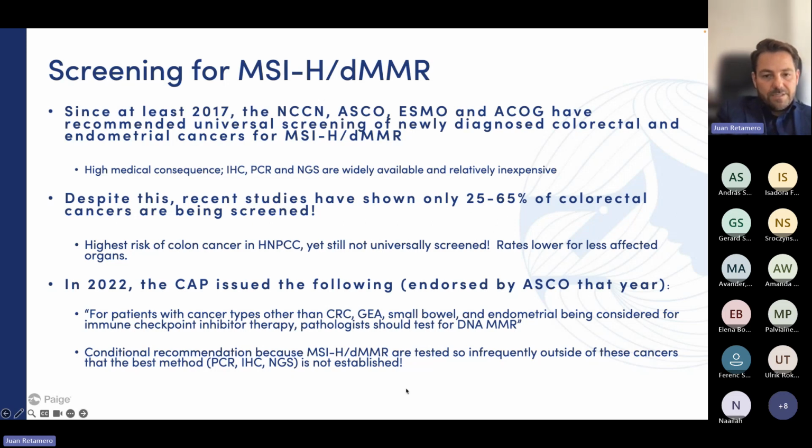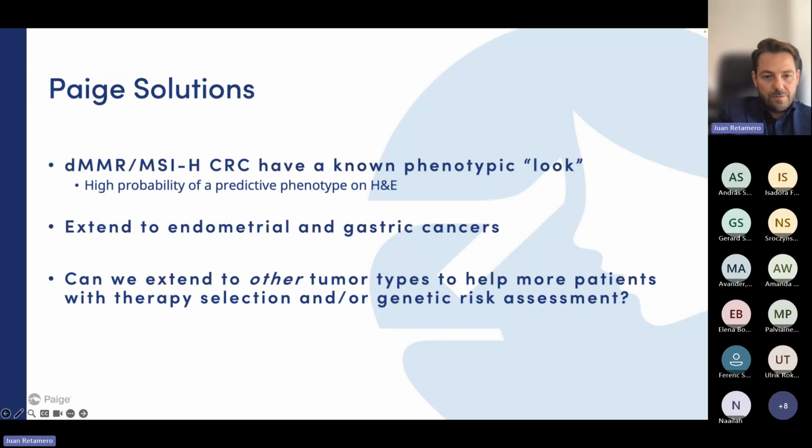So the idea is, can we develop an unobtrusive screening tool that will help better screen and make sure that we better detect these patients that would otherwise slip through the net and not receive the treatment that they require. The key concept is that tumors that are MSI high have a distinct phenotypic look.